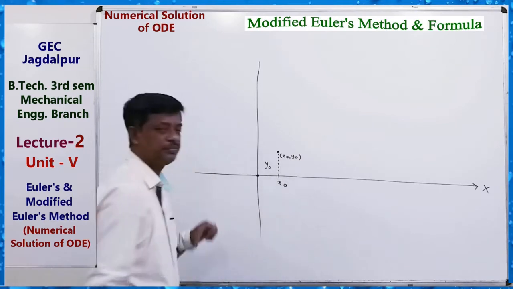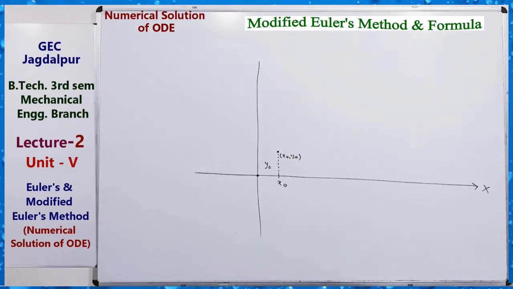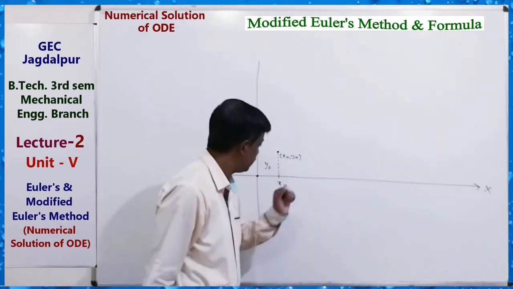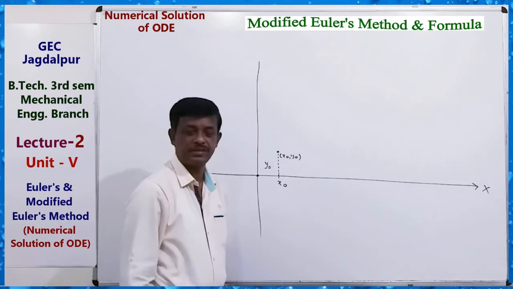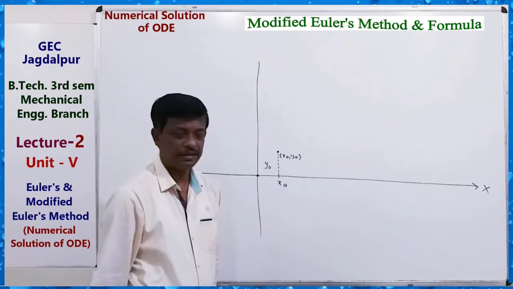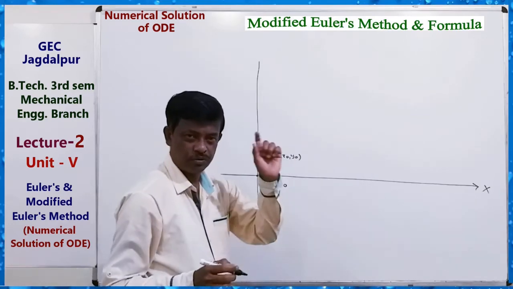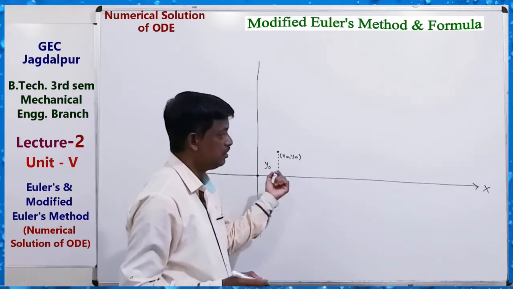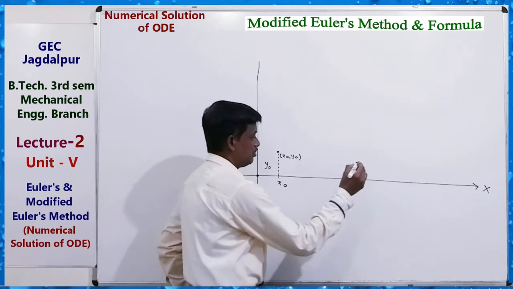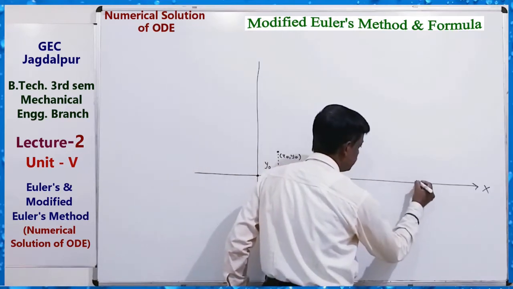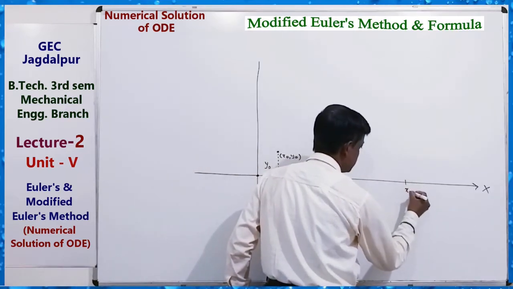This is our initial value. As we discussed in the previous method, we are trying to find the value of y for the targeted value. Suppose this is xn.